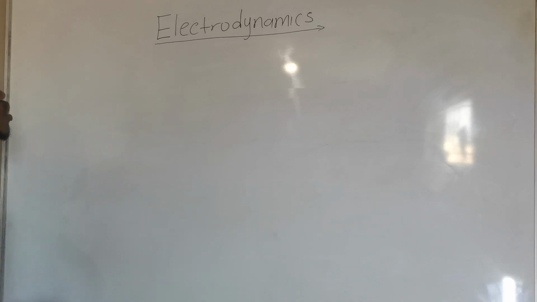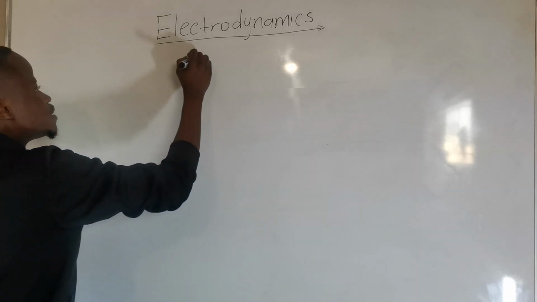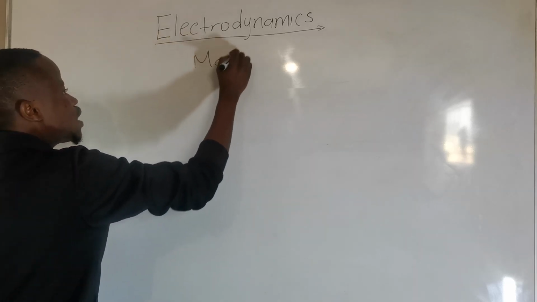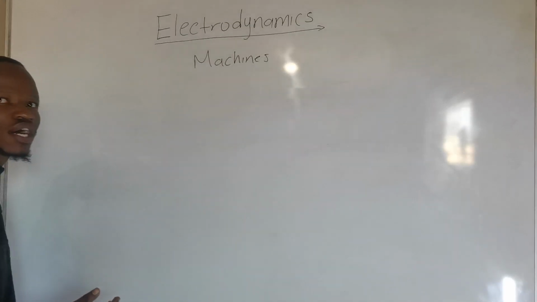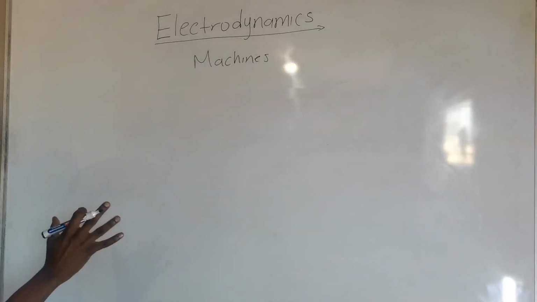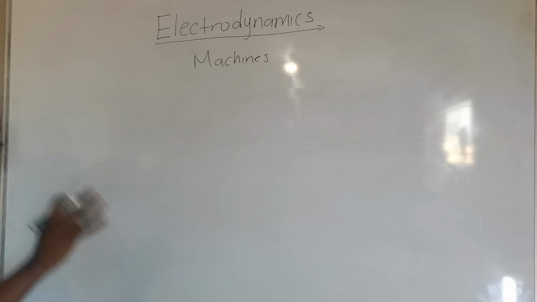So what we are going to be looking at here are the machines. Some prefer to call them electrical machines. We are going to be looking at the two major types of electrical machines.